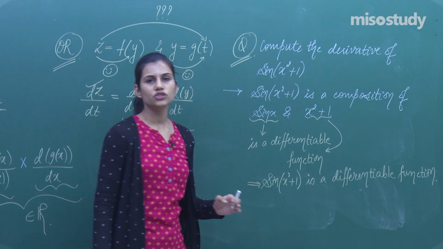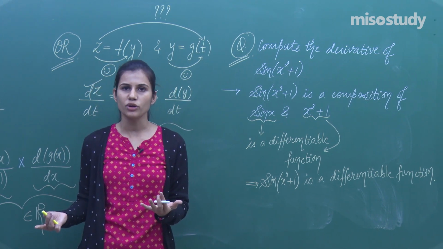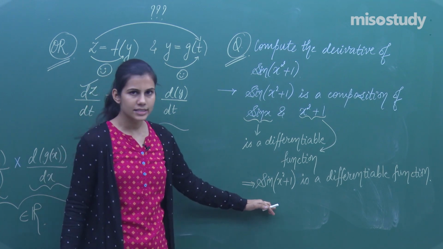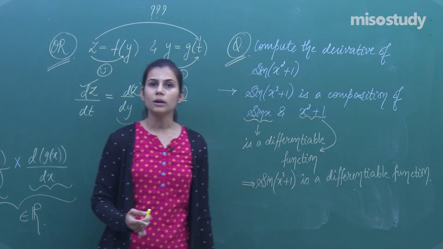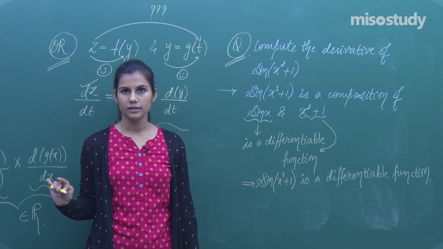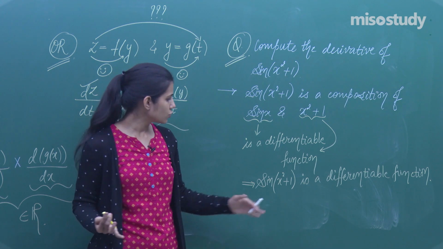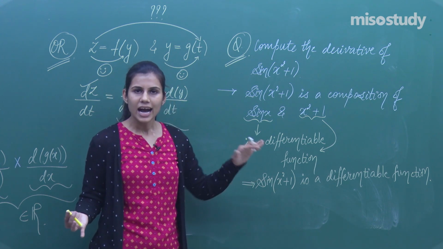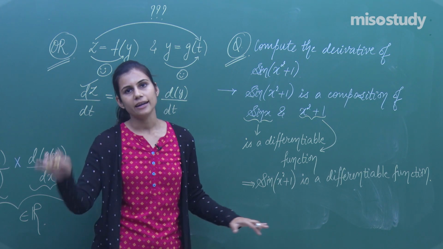Until and unless my function is differentiable, how can you even talk about computing its derivative at a certain point of its domain? So here we have established that sine of x square plus 1 is a differentiable function. Now I can talk about computation of its derivative at a certain point of its domain. Fine. So if I pick x as any point in the domain of sine of x square plus 1, I will be interested in getting the derivative of this function at that x.